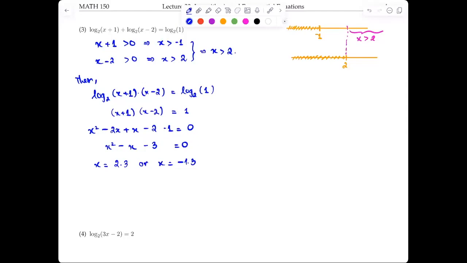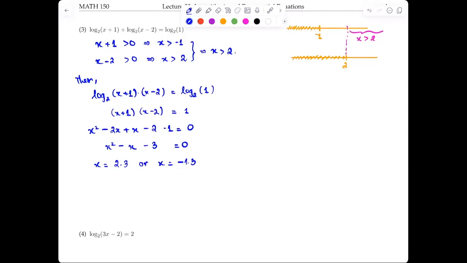All right. So this is where the importance of the domain comes in. The domain is x greater than 2. You have two solutions here, 2.3 and negative 1.3. So you have to eliminate the negative value, negative 1.3 here.